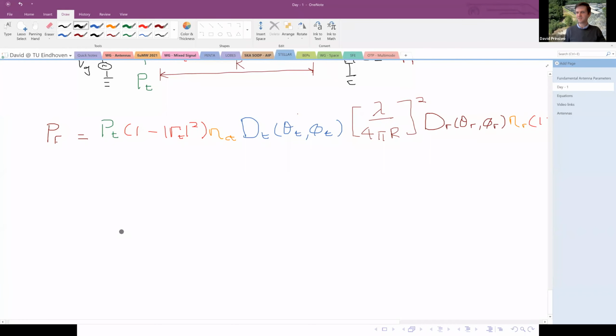So while the rest of you are still solving it, let's just see. Hopefully everyone got the free space path loss. That should actually be an L, but yeah.